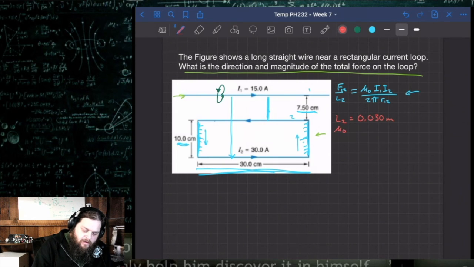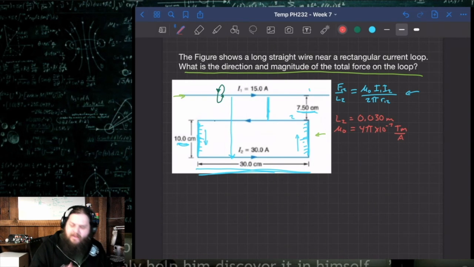Mu naught is equal to 4 pi times 10 to the negative 7 Tesla meters per amp. That's a standard value for the entire universe in a vacuum. It's the permittivity of magnetism in free space.